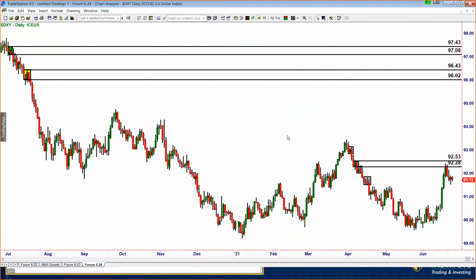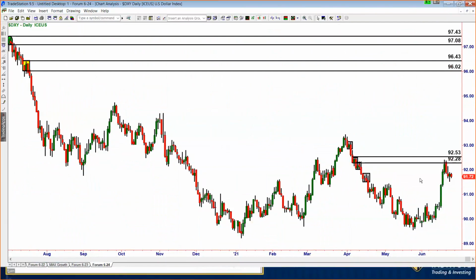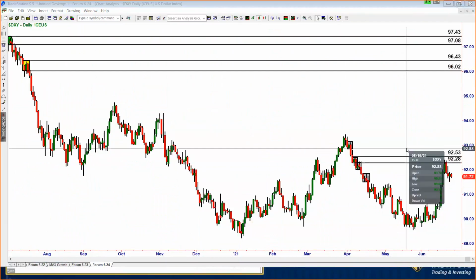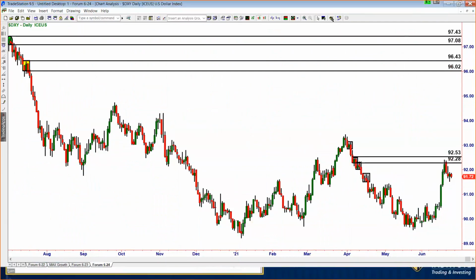All right, so looking here, we just turned lower at our 92.30 supply. By the way, if we end up going higher, we have another supply zone up here. We haven't put these lines in yet just because we've been so far from this, but I think we're getting close enough. So this is really 92.85, sitting right up here.